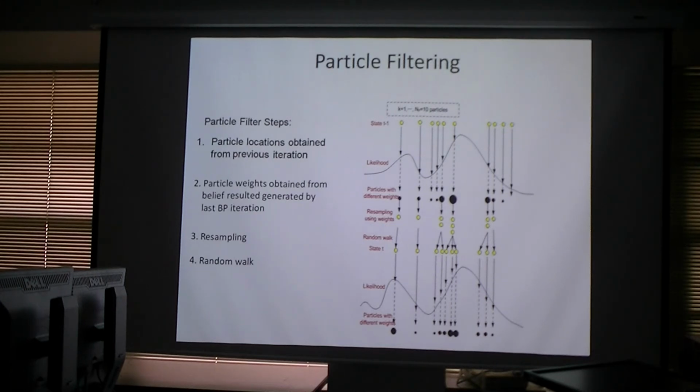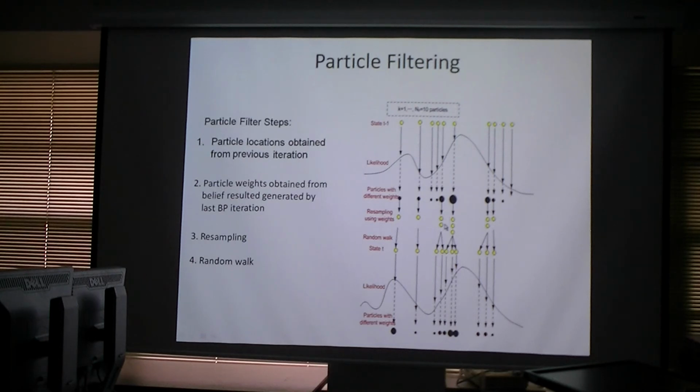And here we will quickly review the particle filtering steps. First, suppose we have N particles, and initially the particle weight is obtained from the belief generated from the last belief propagation algorithm. Then we will discard the particles with small weight and only keep the particles with large weight.